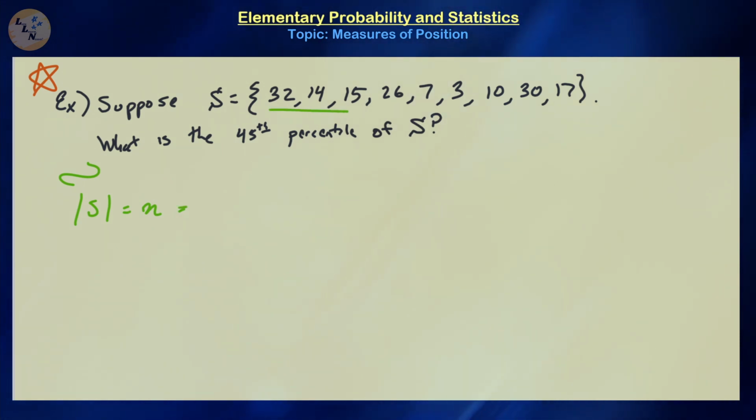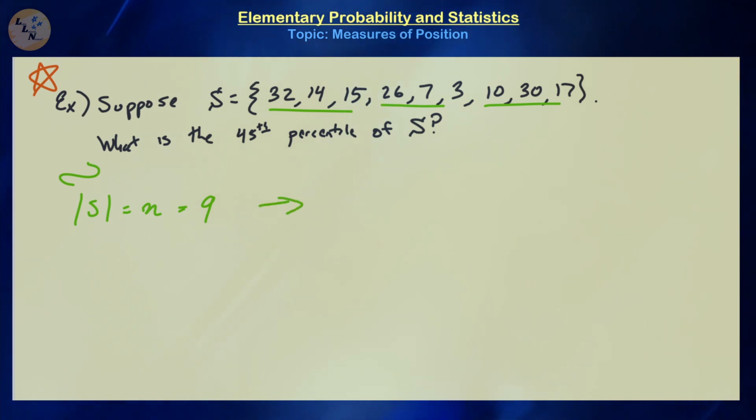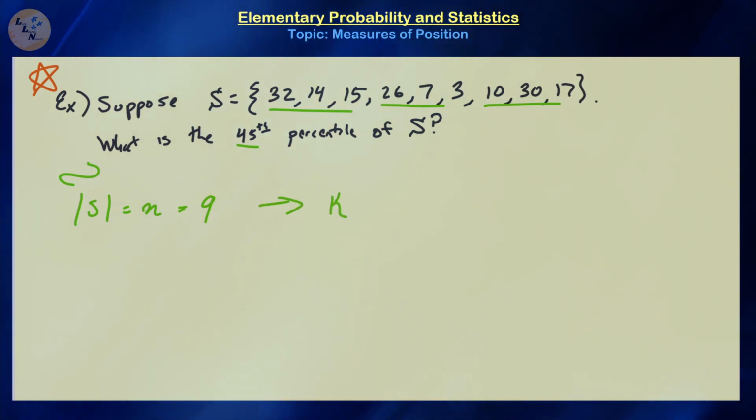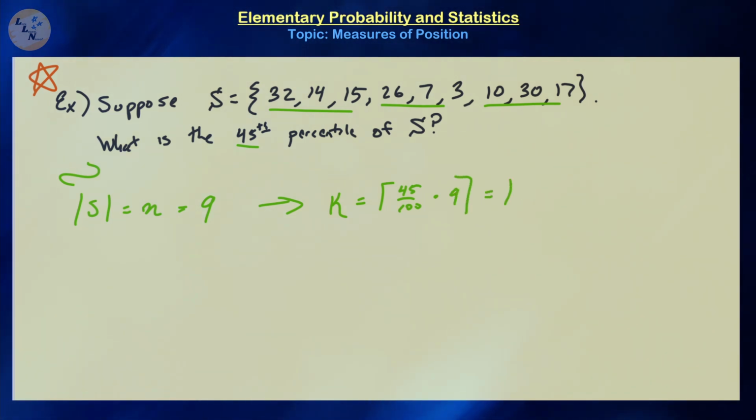We should be able to see that we have 3, 6, 9 elements in this particular data set. So that means the index associated to the 45th percentile is going to be equal to the ceiling of 45 divided by 100 times the sample size 9. So that's going to be equal to the ceiling of 4.05, which is going to be equal to 5. Keep in mind, ceiling just means round up and nothing more.